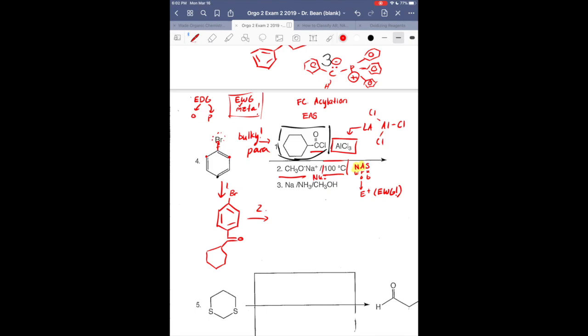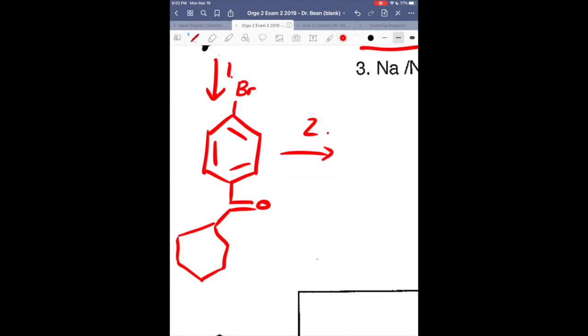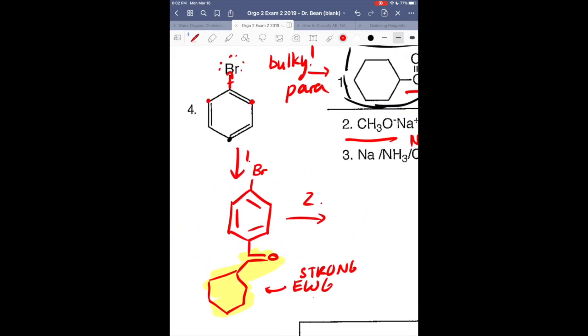Okay? So here what we have going on, we have a nucleophile, we have a benzene ring. It has a strong electron withdrawing group, so that's good. Let me highlight that for us. Okay, and the bromine is acting as what? It's acting as a good, that will be my hint, a good something.